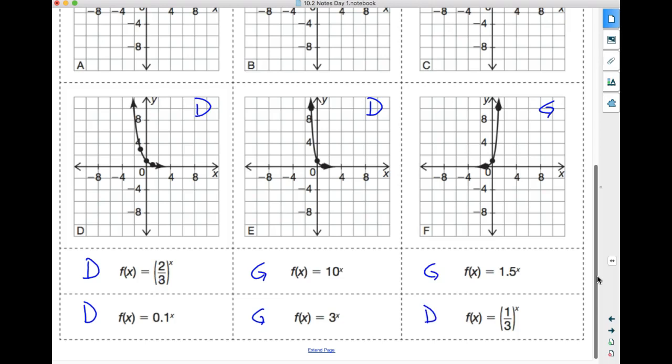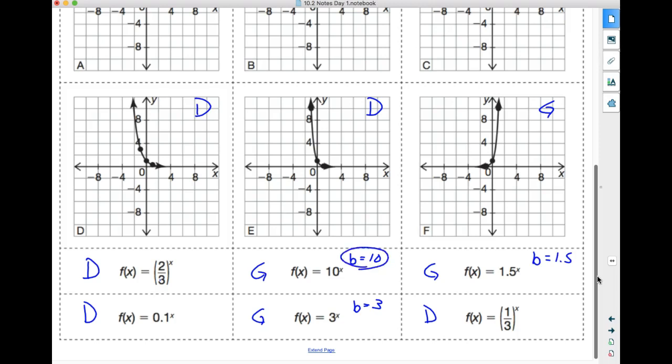So when I look at all my growths and decays, I'll look at the growths first. This is a b value of 10. This one has a b value of 3. This one has a b value of 1.5. So the b value of 10 is the biggest.